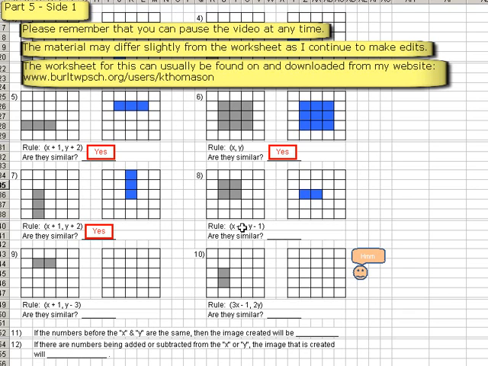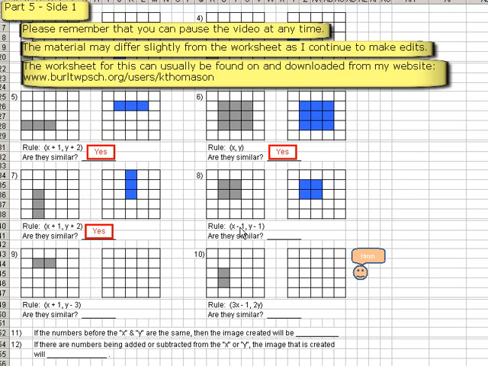And again, we're ignoring anything that's being added to or subtracted from the x and y until the very end. Now, our original shape is 2 tall, so 2 times 1 is 2. So our image is going to be 2 tall as well.